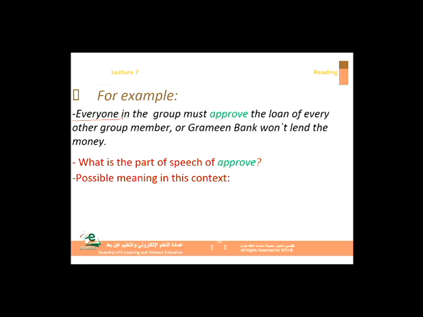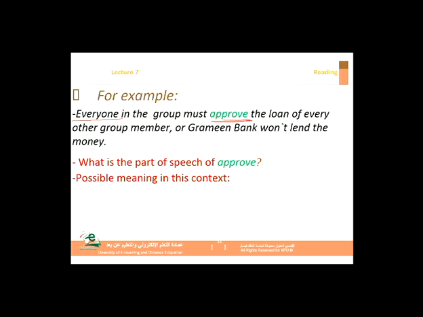So if I approve, then the bank will lend the money. If I don't approve, the bank won't lend the money, won't give the money. So the word we are asking about is the word approve. What does the word approve mean?